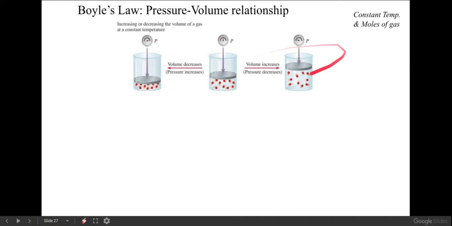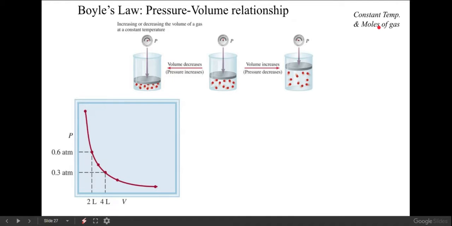This scenario is shown here where we can either lower the pressure and volume goes up, or increase the pressure and volume goes down. And I do need to mention that for all these gas laws, we're typically assuming the other two are held constant. So graphically, if you plot this, you get this kind of weird sloping curve.